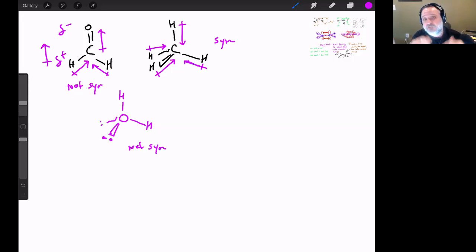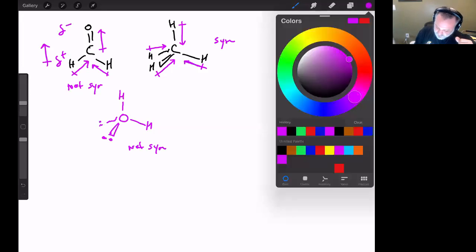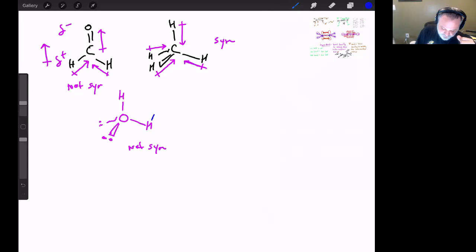Symmetry leads to nonpolarity. Non-symmetric molecules lead to polarity. This molecule is polar. When you've got a bond dipole that looks like this, a bond dipole that looks like this, and then of course, electron density is going to be moving towards the lone pair of electrons.